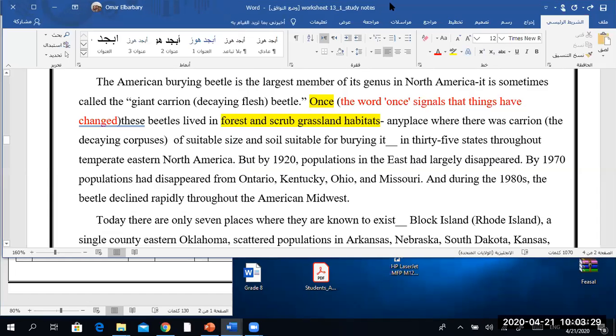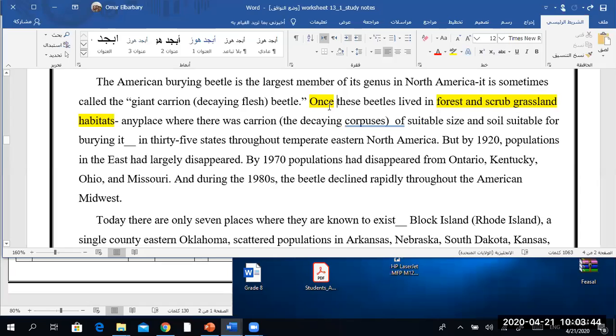How did we know? Okay, I'm going to pick Muhammad's brain about the word once. Sorry, Muhammad, because I'm going to quickly fix something here. Can you read this part for us, Muhammad? At least this sentence here, once.